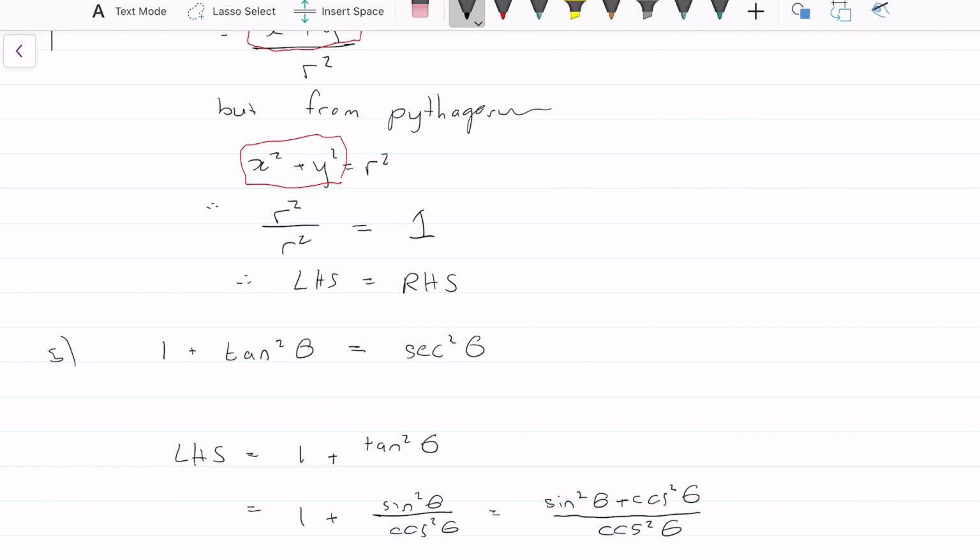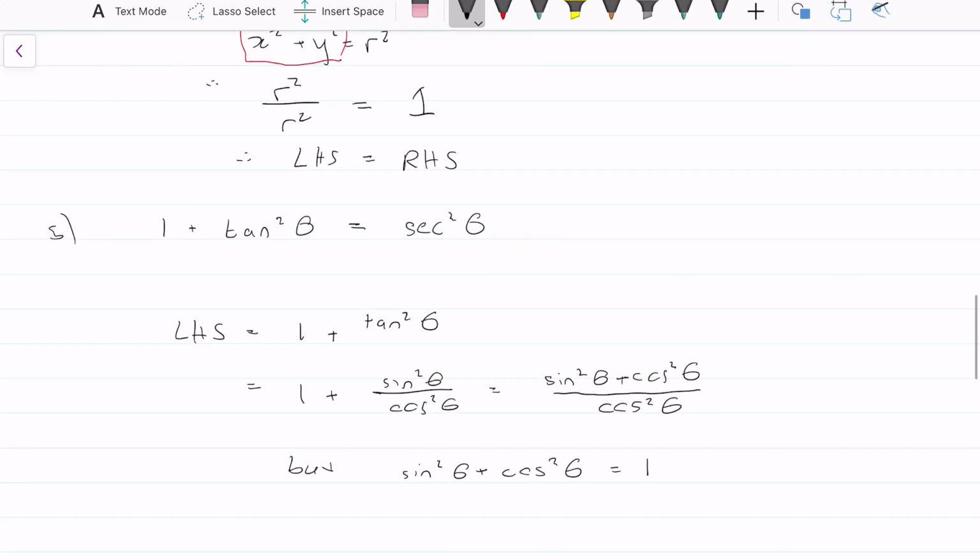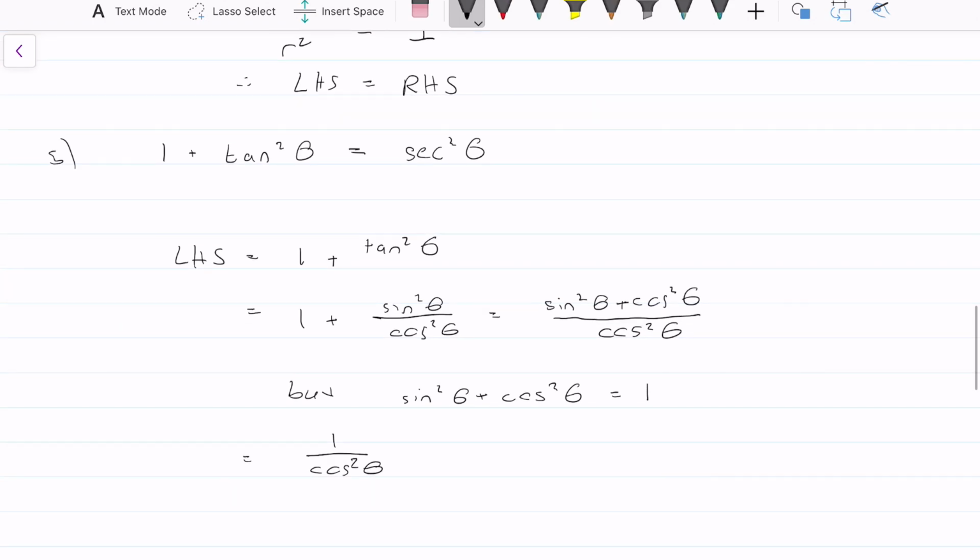But we know that sine squared theta plus cos squared theta is equal to 1. So this new term becomes 1 over cos squared theta. Okay, so that's cool. And this can be rewritten as 1 over cos theta, all squared.